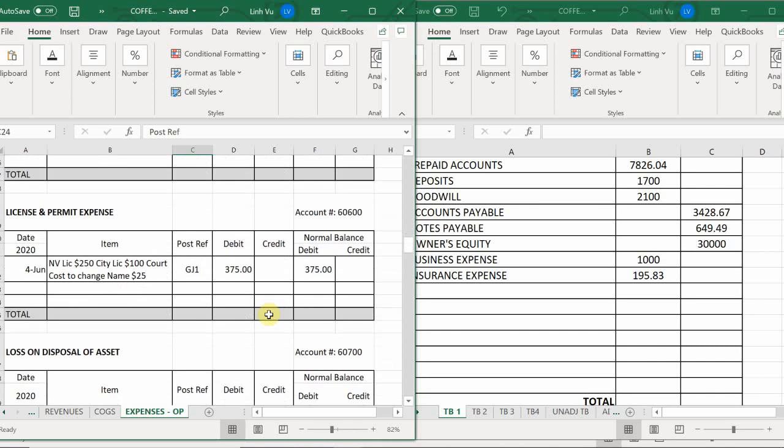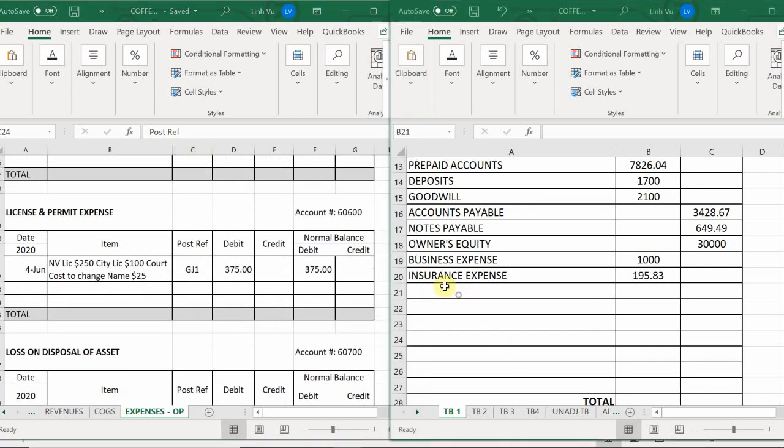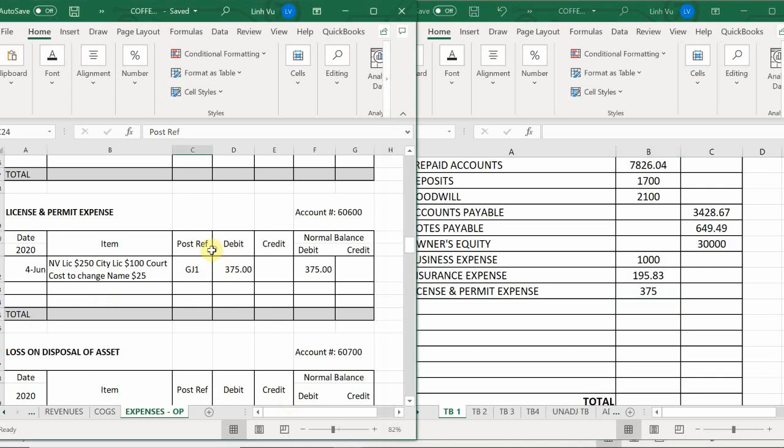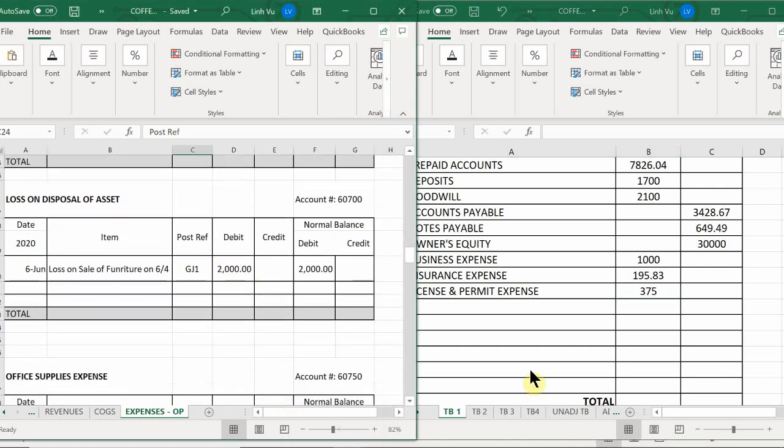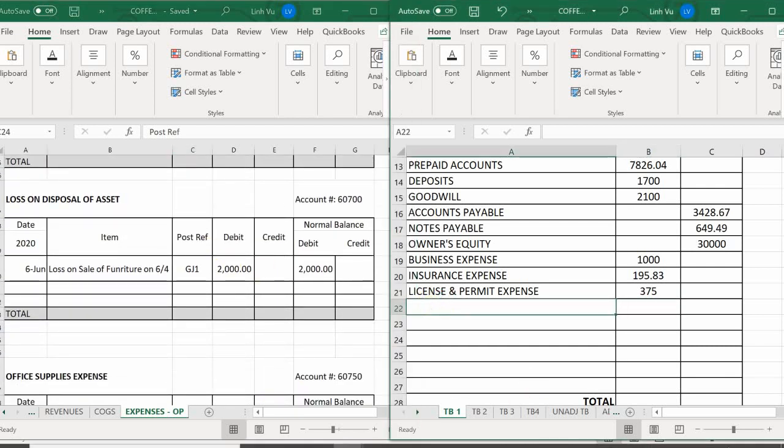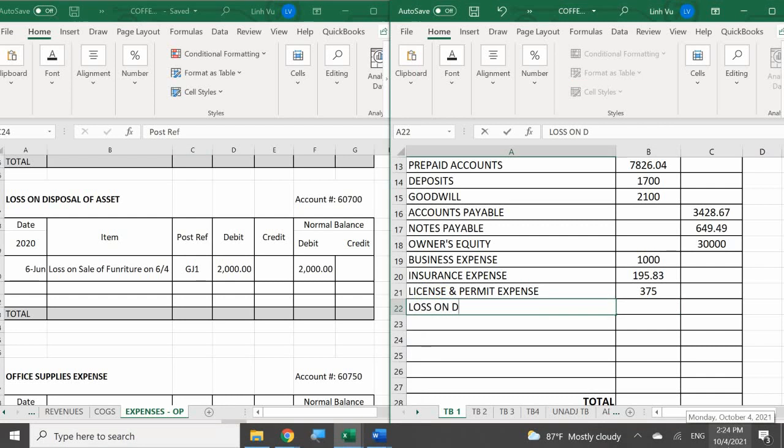None there. We do have a license and permit expense. We had to buy a license, for 375. What about loss on disposal of asset? Yes, we have $2,000.